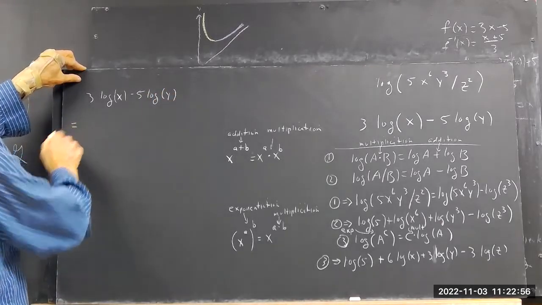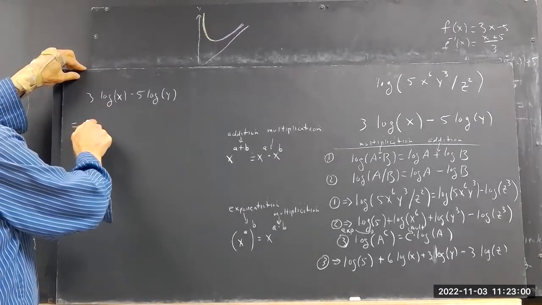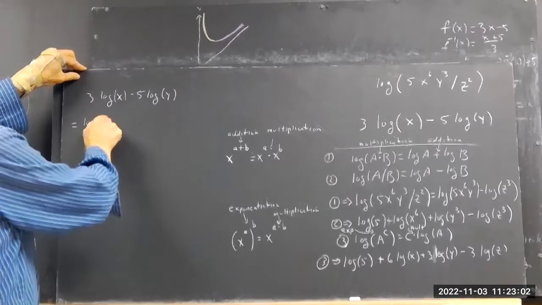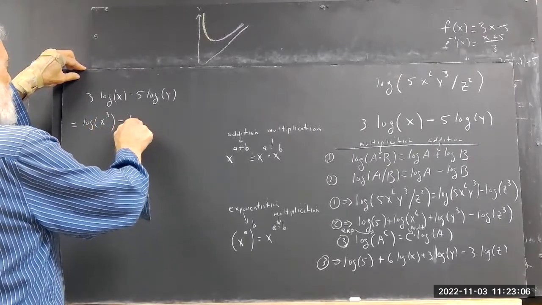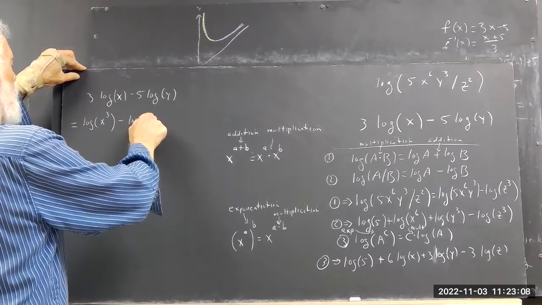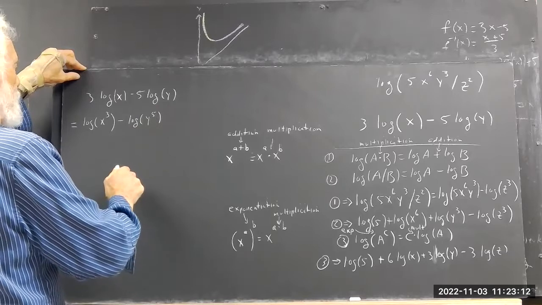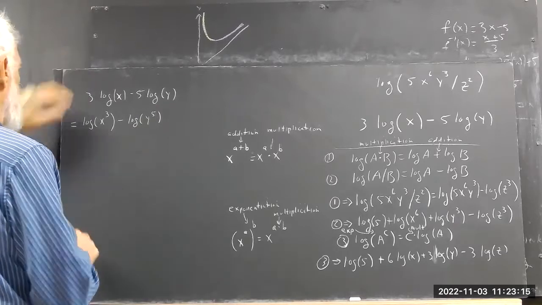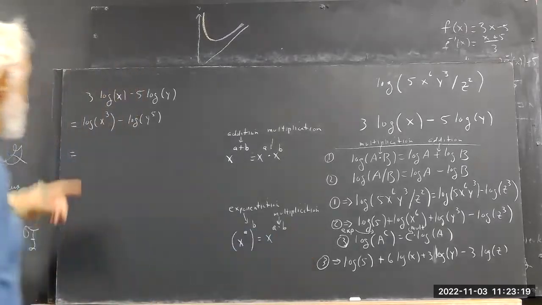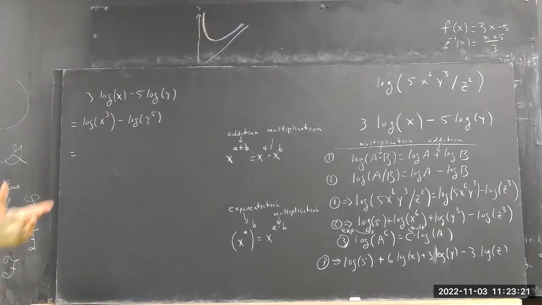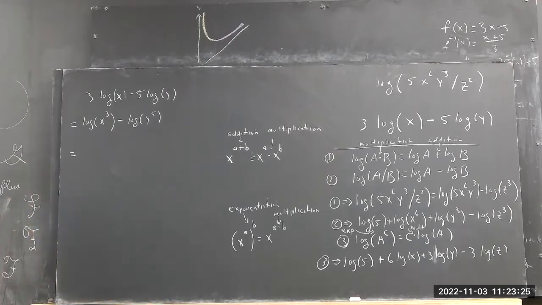Well, by the third rule, this is just a log of x cubed minus the log of y to the fifth. And that's by the third rule. And you get used to it, you do some problems and pretty soon you're good at it.